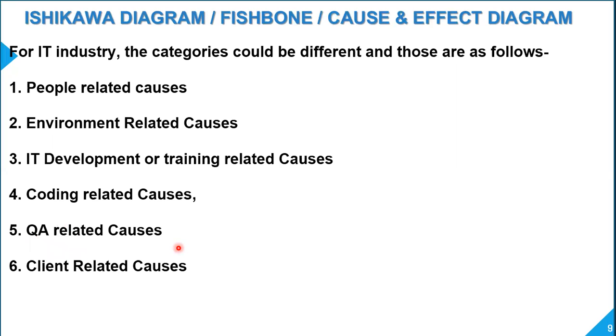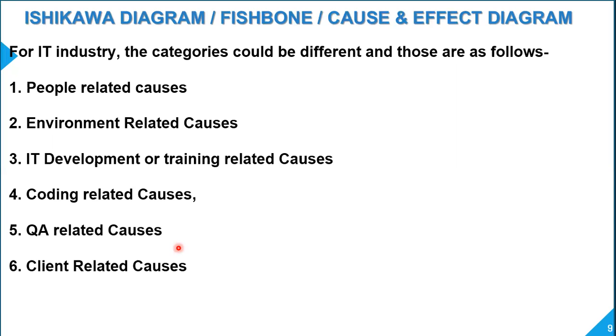And finally, client related causes. Are there any delays from the client end, or any causes from the client which really affect your software development or software development metric? All those will come under client related causes.